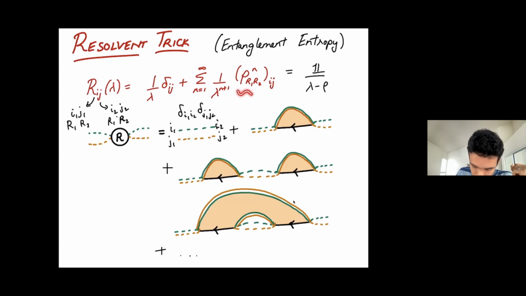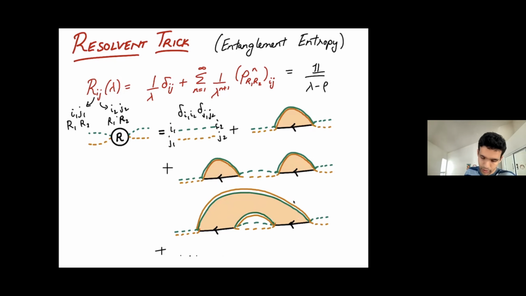There are terms which have these rho to the n's, which from the previous slide, the first term would have one boundary, which is just a single power of rho. Then we have terms with n equals 2. So there are two boundaries, but they could be either disconnected or connected, and so on. So there's many such terms, and we've arranged them by the power of n here.